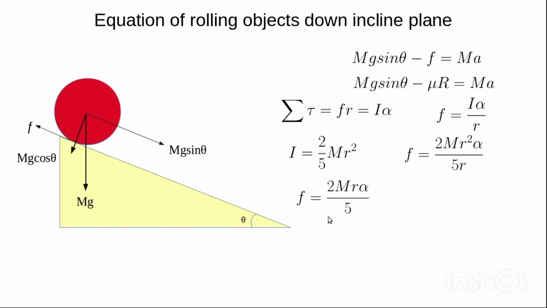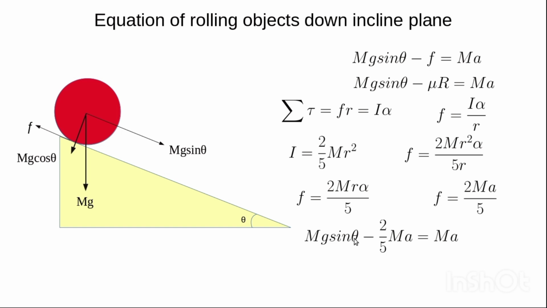It has also been established in one of our previous videos that R alpha is just the tangential acceleration, and that gives us this. And that tangential acceleration of this object is also the acceleration as it moves down. Now that we have established that F equals 2ma over 5, we can substitute it here and see what comes out of it.